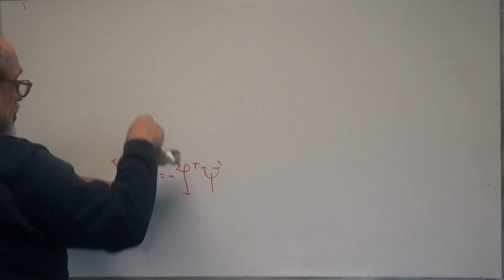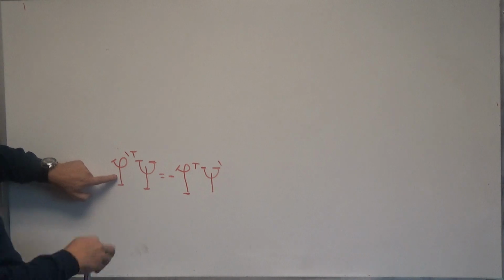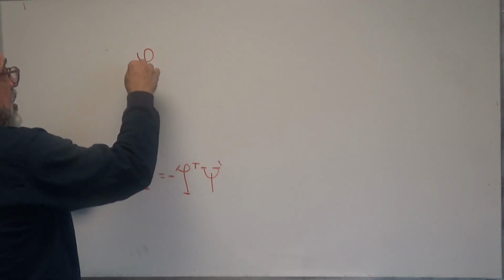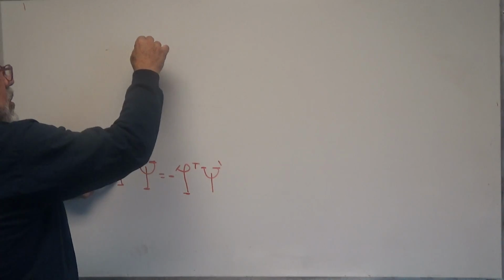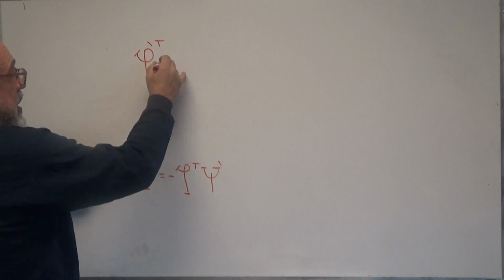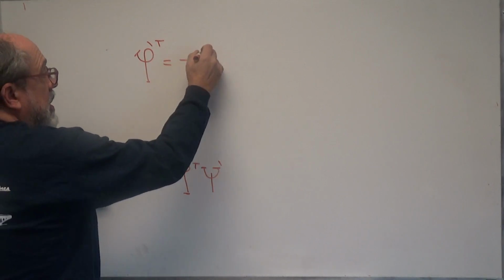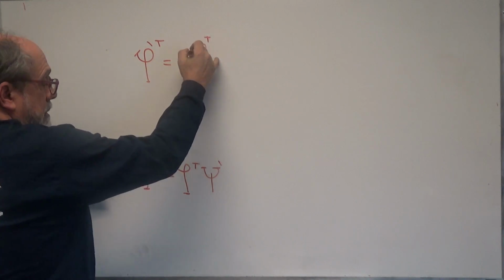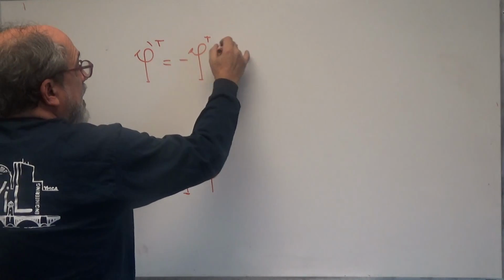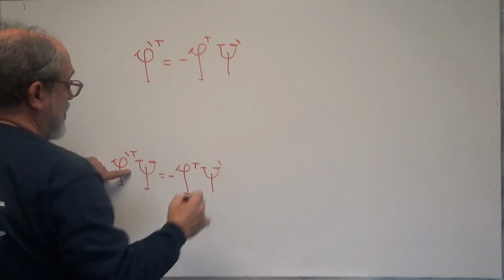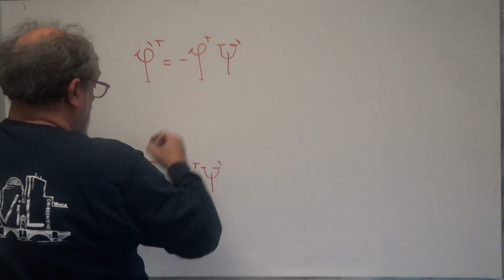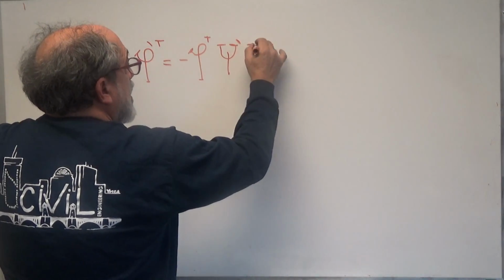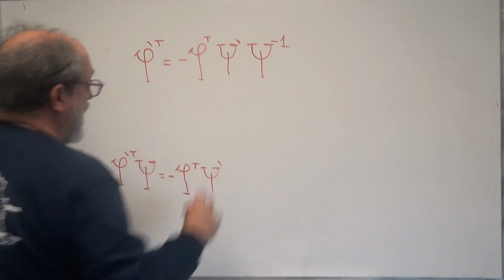We don't want to solve for this one, we want to solve for this guy, which is the derivative of the lefts. So we have that the derivative of the left transpose is equal to minus the left transpose, all of them, times all the derivatives of the right, times the inverse of the right, okay?